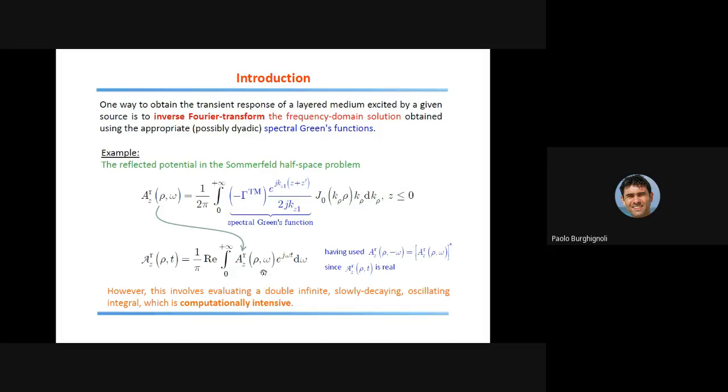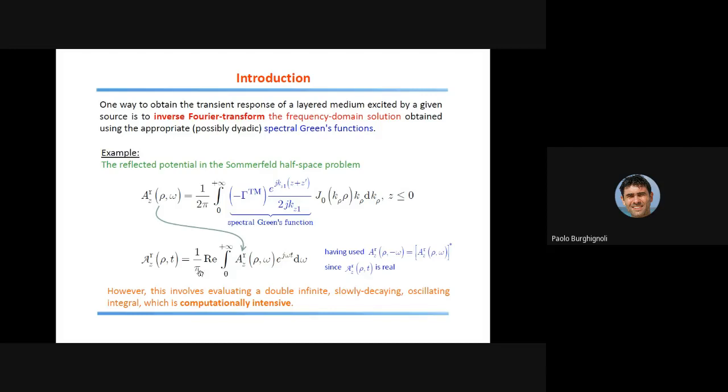But in any case, you have to evaluate numerically a double integral, the integral with respect to omega and the integral with respect to k rho, and the integrand is slowly decaying and also oscillating because of the Bessel function. So this is a nasty numerical problem, which is typically computationally intensive.